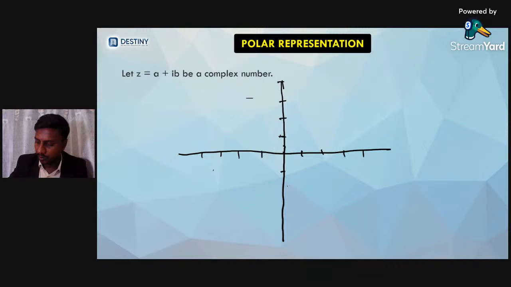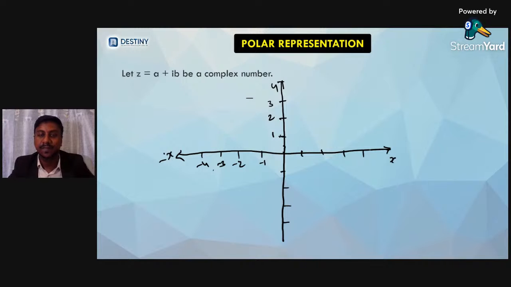One, 2, 3, 4. So 1, 2, 3, 4. Minus 1, minus 2, minus 3, minus 4. That is minus x. This is plus x. This is plus y. This is minus y. So again, this is imaginary number, this is real number. X-axis.